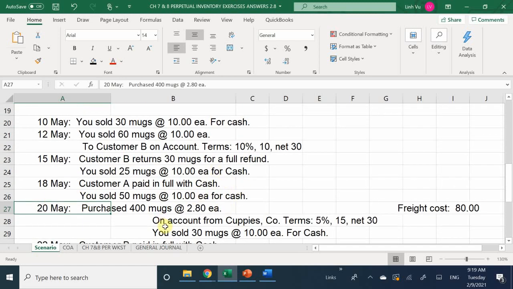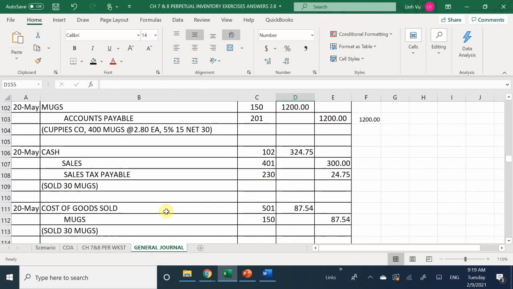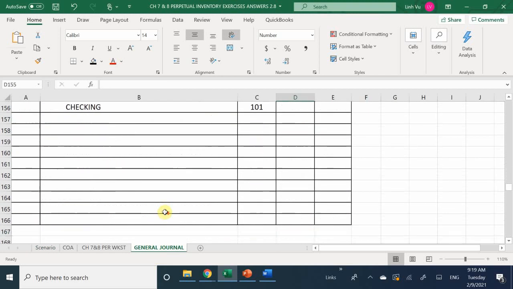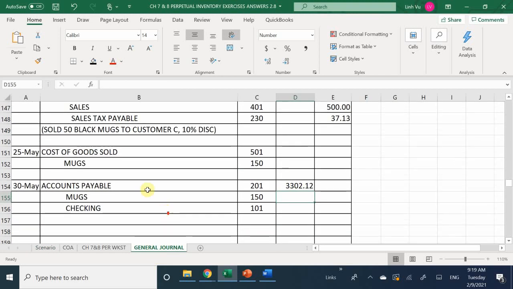Yes, so it's going to be off of the 1120. Okay, so what is 5% off of 1120? 56. $56.